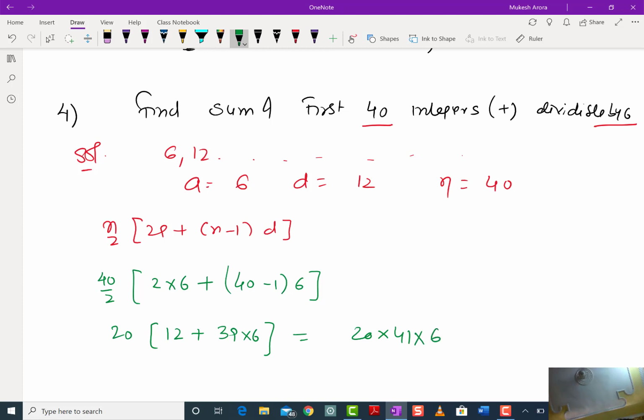So this will be 41 into 6, 6 and 2, 9 to 4, 4, 9 to 0.